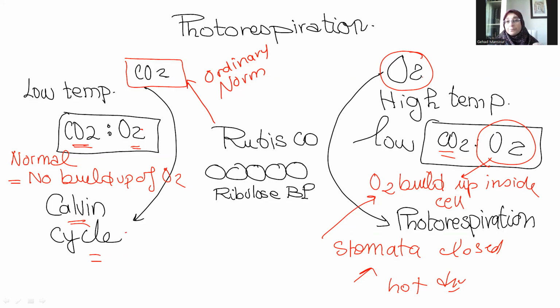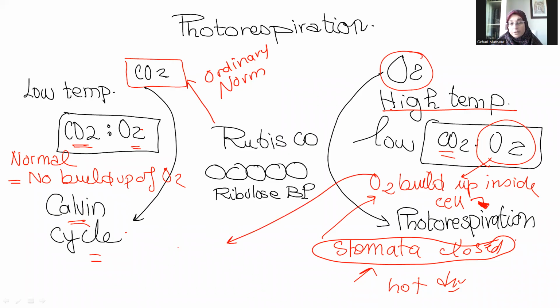But if we have high temperature and dry weather, then there is a great possibility of evaporation. So the stomata are closed, and in such a way, oxygen from photosynthesis will build up inside the cell, and this will lead to photorespiration.